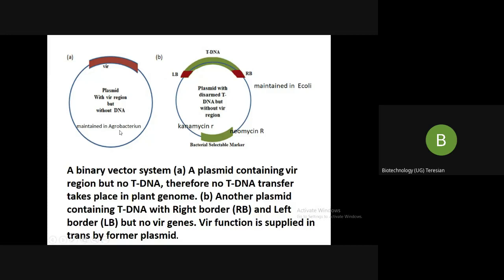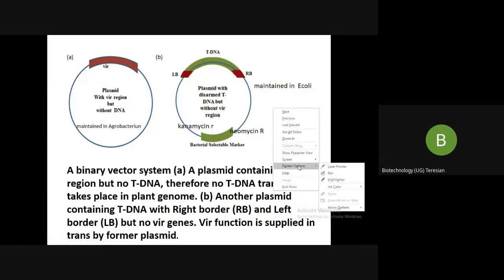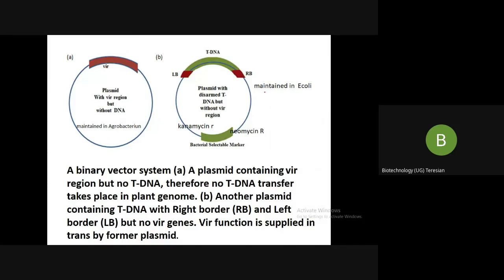Now, the very word binary vector is particularly used for your tDNA. When we say binary vector, this word particularly applies for the tDNA, whereas your plasmid which is carrying the Vir gene is always called as helper vector.